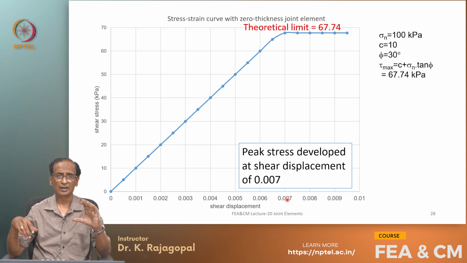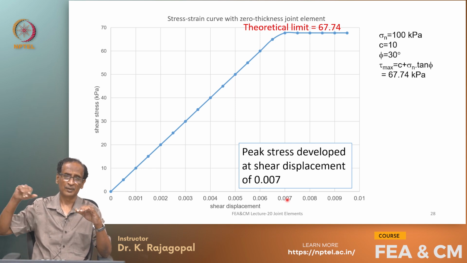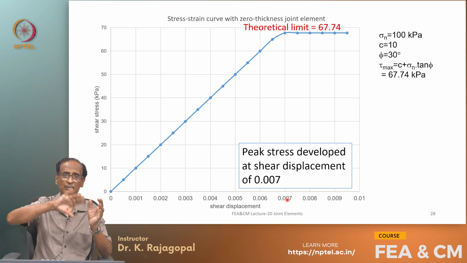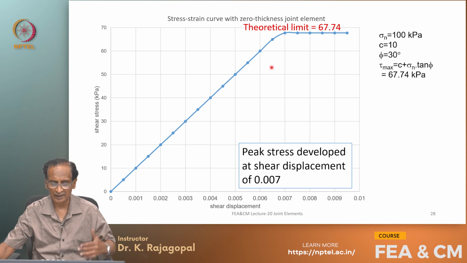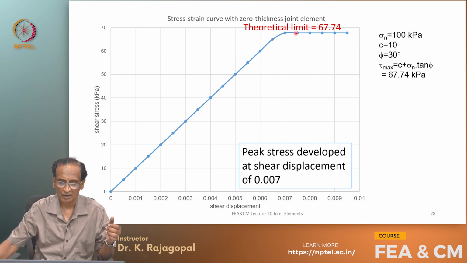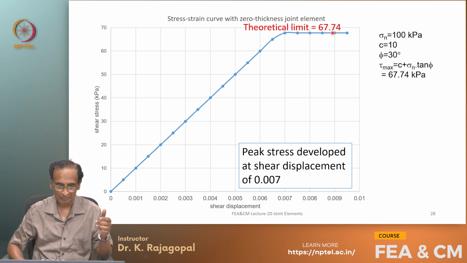If you use a very thick element, the peak stress was happening at a very large deformation, and with a very small thickness it is happening faster, and so on. But in none of the three cases that we had seen earlier were we able to reach this theoretical limit. Previously it stopped at about 57 or 58, whereas the theoretical limit is 67.74.